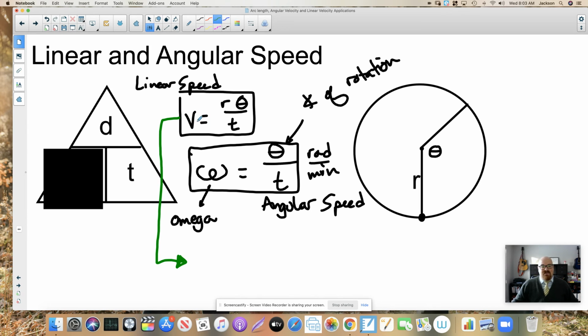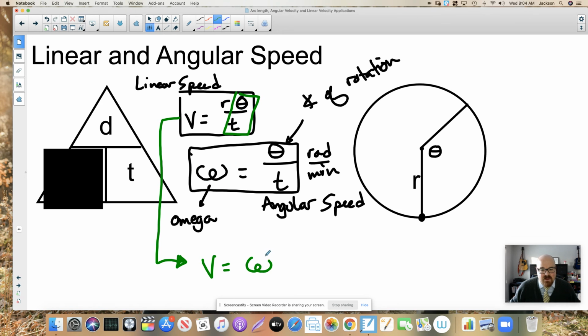This is what we have for the linear speed of an object. And you'll notice within this formula, we have this ratio, which is right here. So there is a third formula, if you will, for linear speed. It's still the linear speed formula, but we're replacing this with this omega.